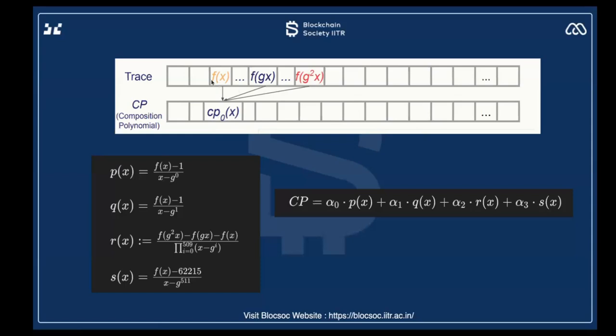He would just put these three values into this set of equations, and from this he would get p(x), q(x), r(x), and s(x). He knows the values of alpha 0, alpha 1, alpha 2, and alpha 3 because they are publicly available. So he would get the value of the composition polynomial at x. He would compare this computed value with the value provided by the prover, and if they are equal, that means the prover has actually made the transition from the trace to the CP polynomial.